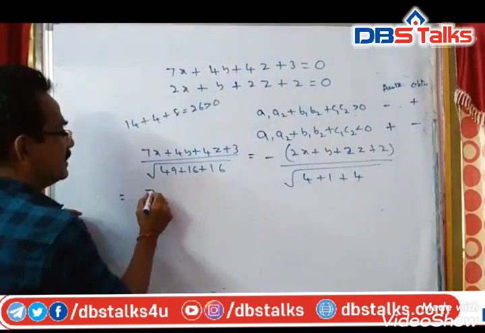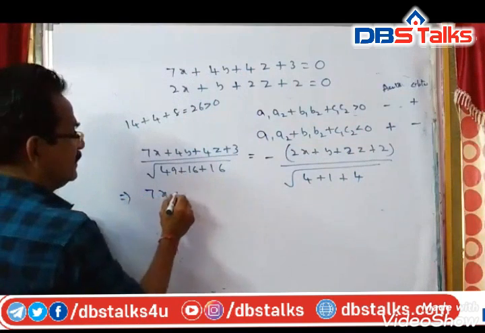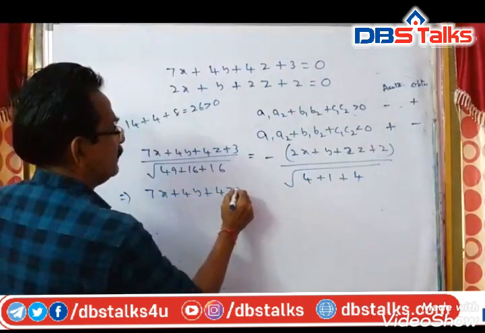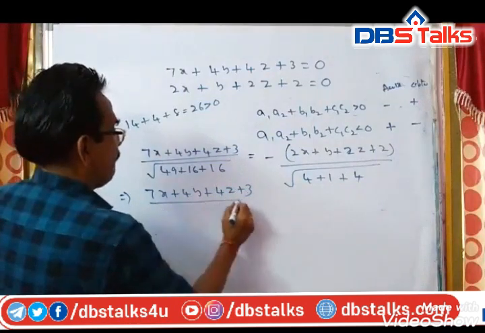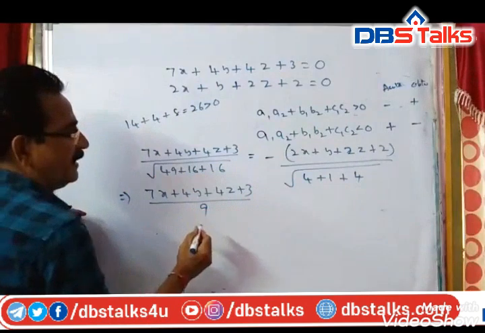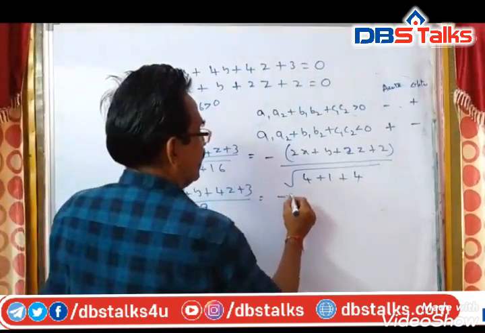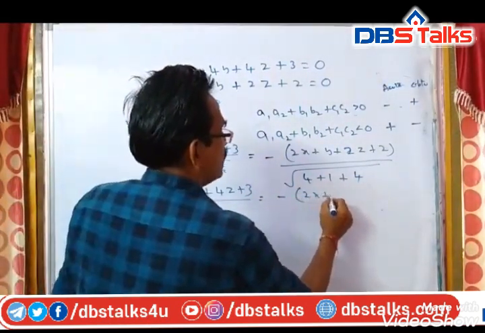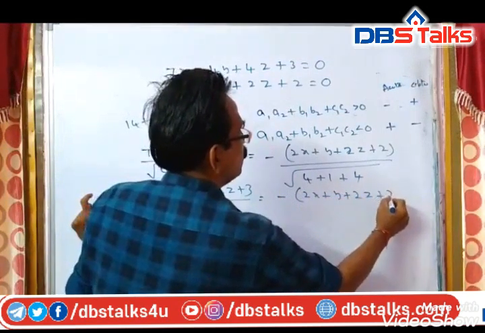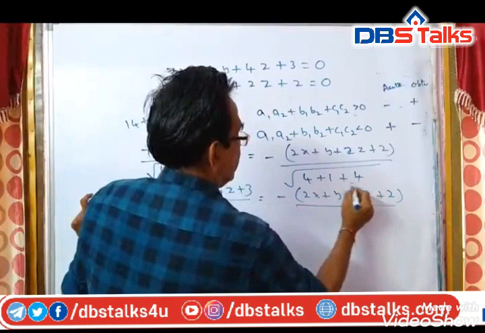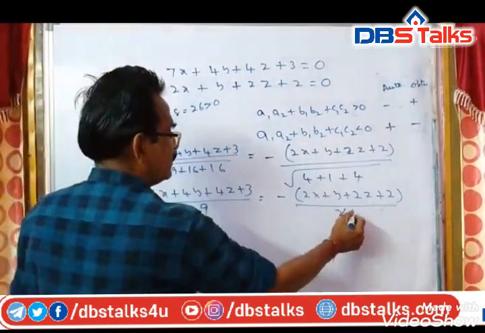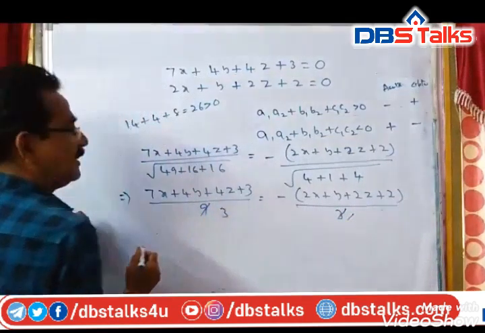See friends, 7x, it implies 7x plus 4y plus 4z plus 3 by root 49 plus 32, 81, and a root 9, minus 2x plus y plus 2z plus 2 by 9 under root 3. Okay friends, 3 1s, 3 3s.